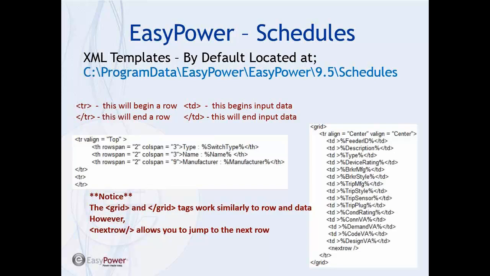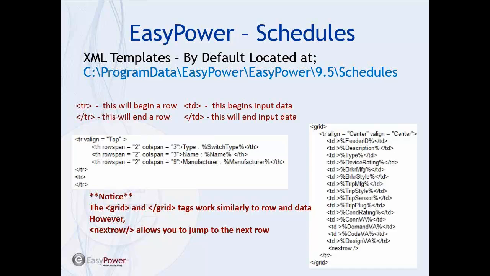So we do have this example here just below that with the alignment and the span of your grid. So you would define your grid there. TH, it looks like I didn't include that, but that's going to be your dimensions of your grid. So you would define your row span is equal to 2 units, and your column span is 3 for the type of information that you're looking at. The name of the item, whether it's MCC, panel, switchgear, switchboard, you'll define that with name.